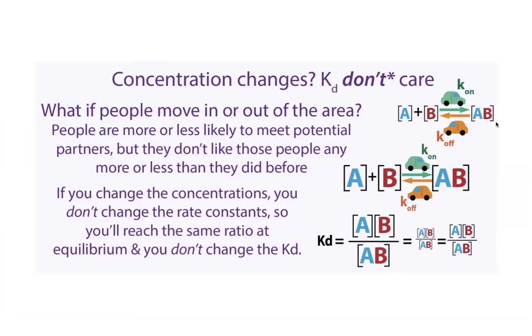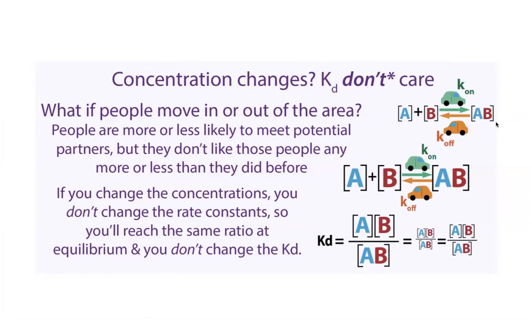And now let's think about what does and doesn't influence it. Let's think about changes in the concentration. What if people move in or out of the area? Well, as we talked about before, this means that people are more or less likely to meet potential partners. So you're more likely to find a potential partner if people move in, and you're less likely to find a potential partner if people move out.